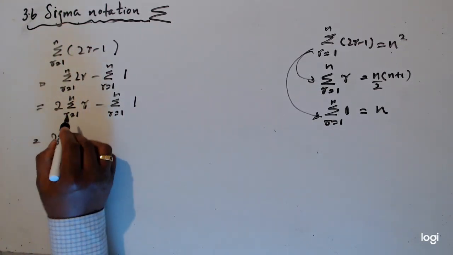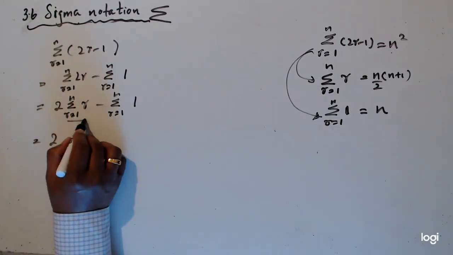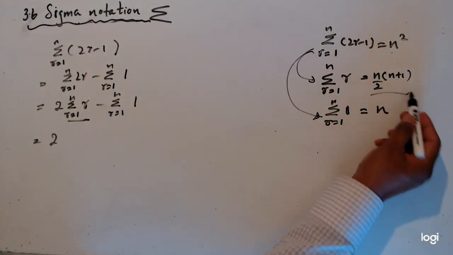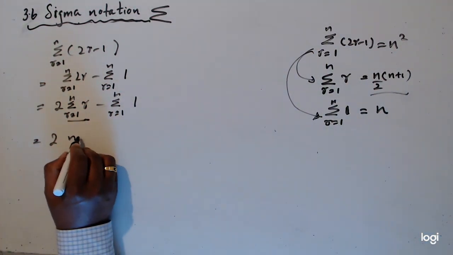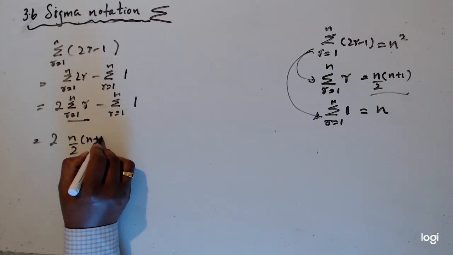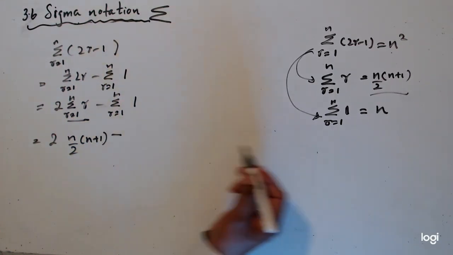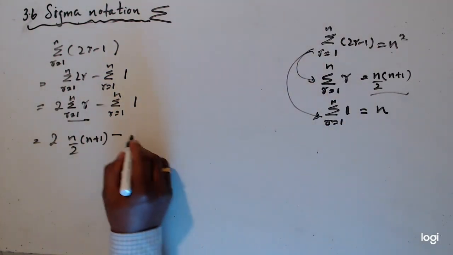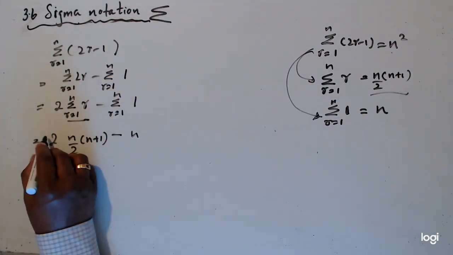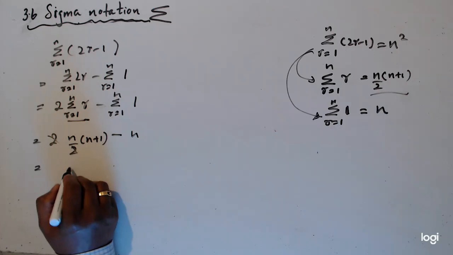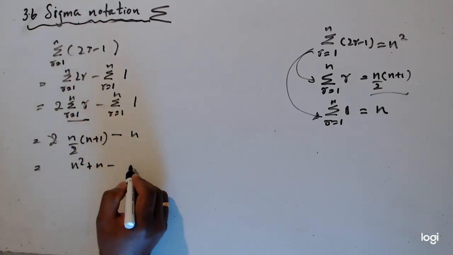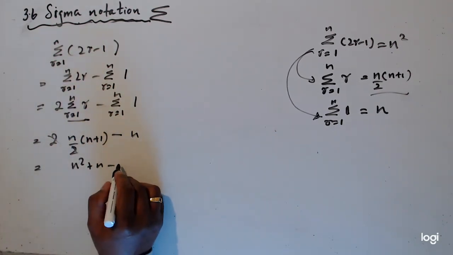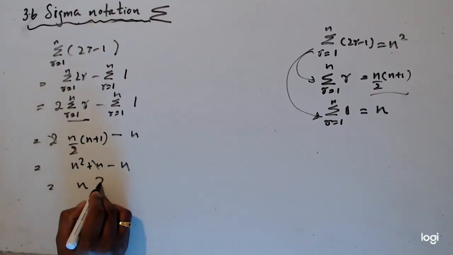So 2 times summation of r is n divided by 2 times n plus 1, minus summation of 1 is n. So now we'll simplify. 2 and 2 cancel out. n times n plus 1, that is n square plus n, minus n. So plus n minus n cancels, and this is n square.